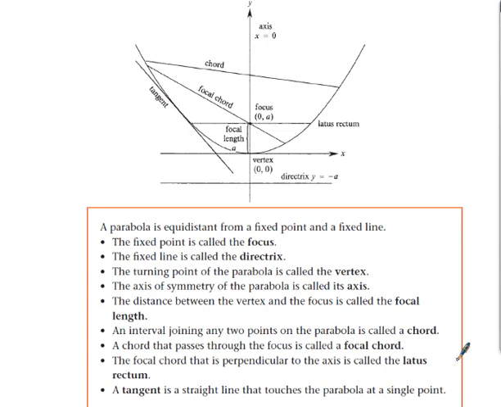You already know what a tangent is. So there's a few keywords in that box at the bottom of that sheet that you need to know because they'll come up in questions. Any questions so far?